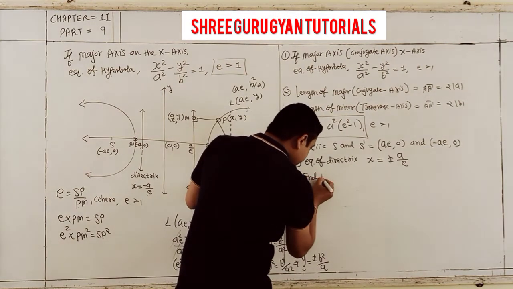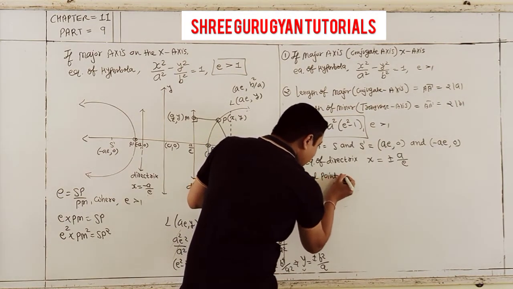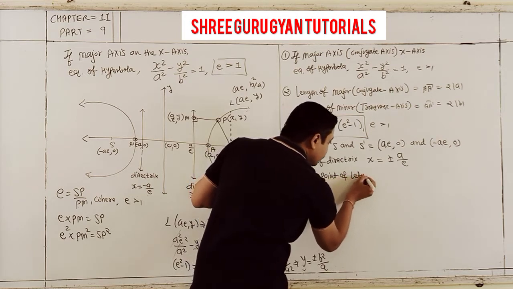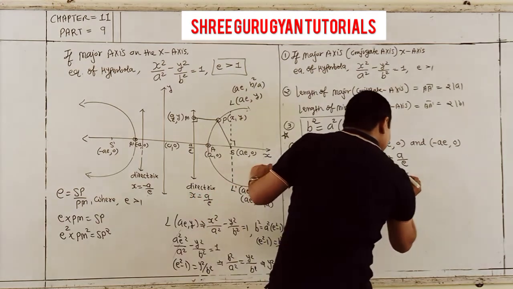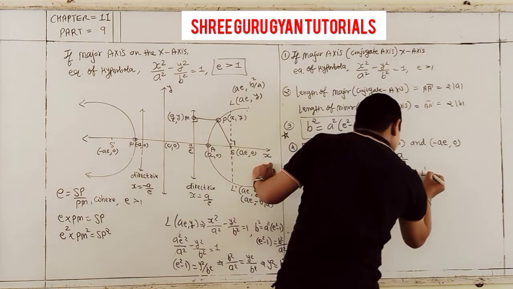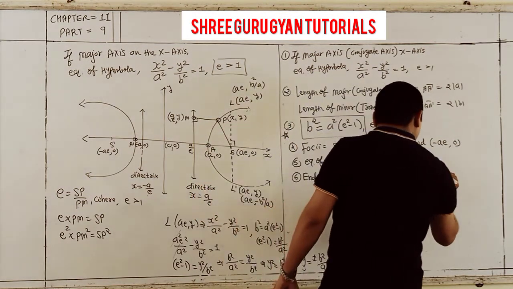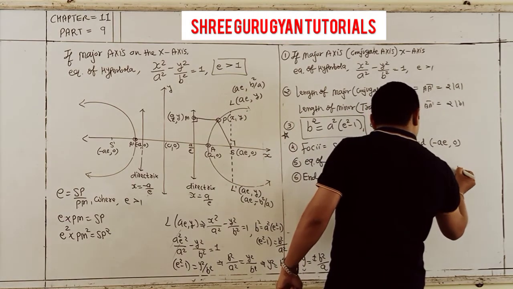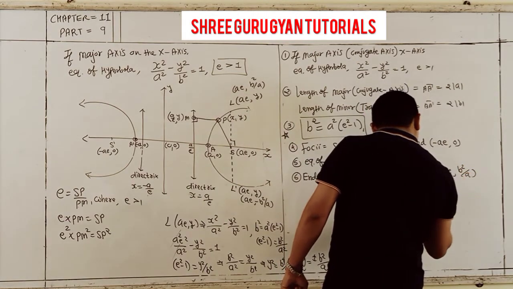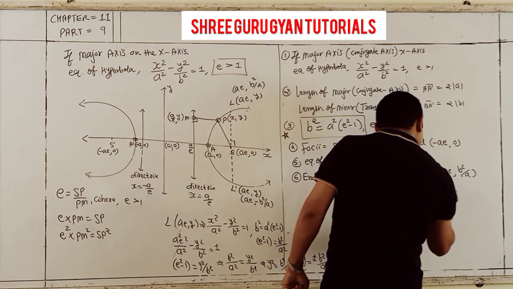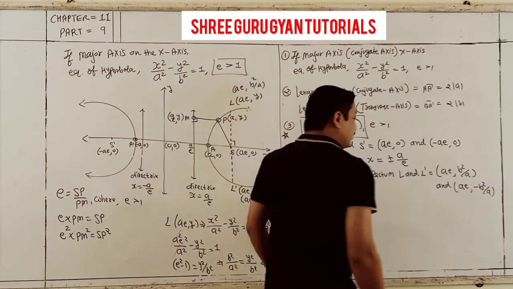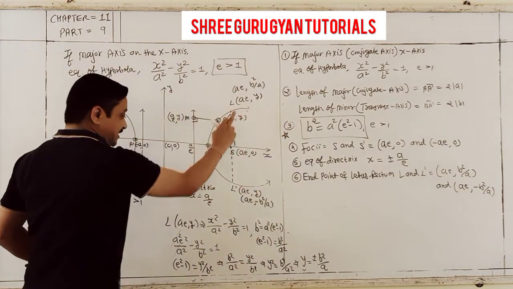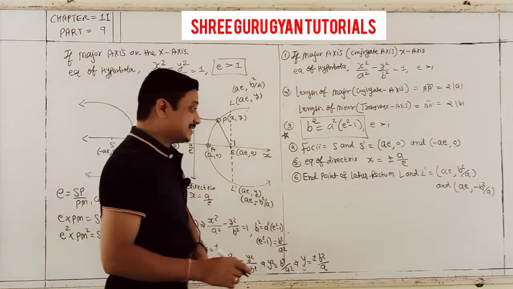Endpoints of latus rectum, that should be L and L dash. Students, what is your L? A comma b square by a, and L dash the same, a comma minus b square by a. This I am asking about, this one, L and L dash.